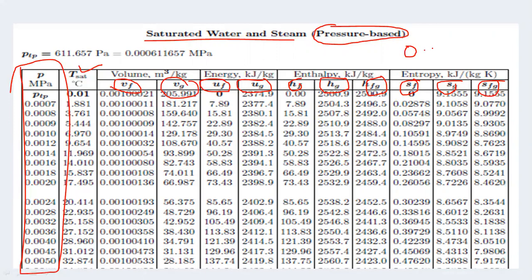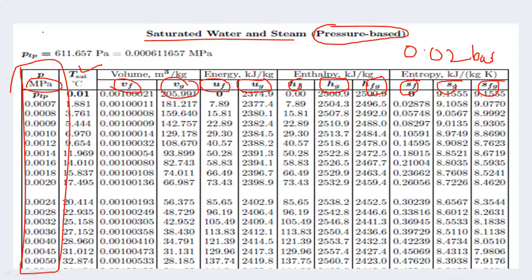We need the value at 0.02 bar. So if in the question he has mentioned bar, but if you observe your steam tables, it is in terms of megapascal. So you need to convert megapascal to bar. Already I have told you the relation: 1 megapascal is equal to 10 bar.